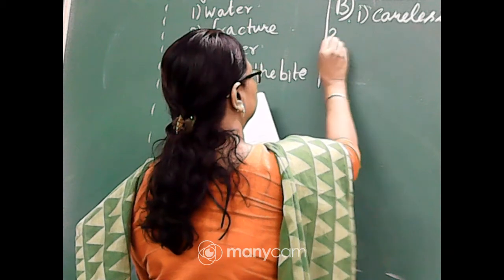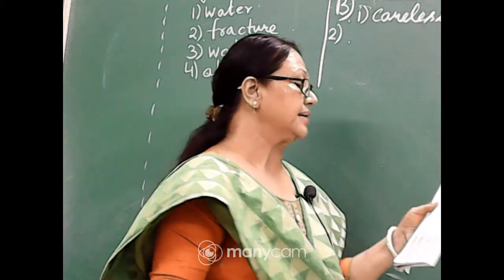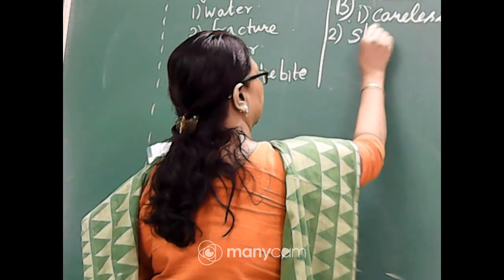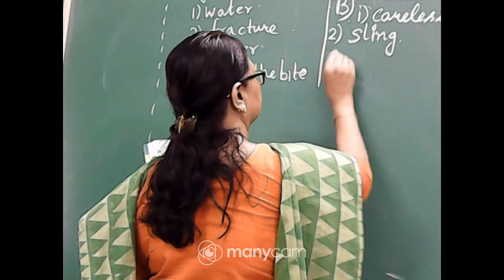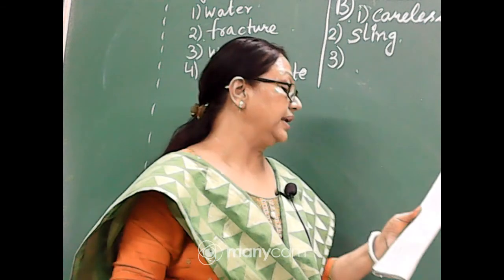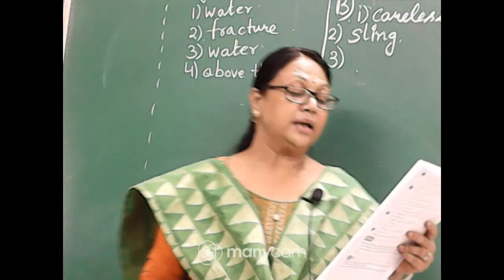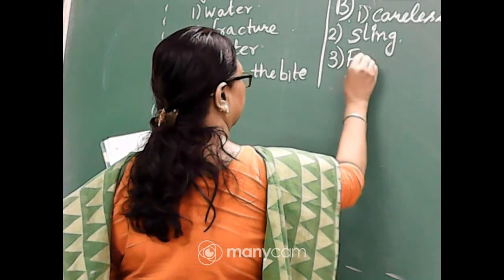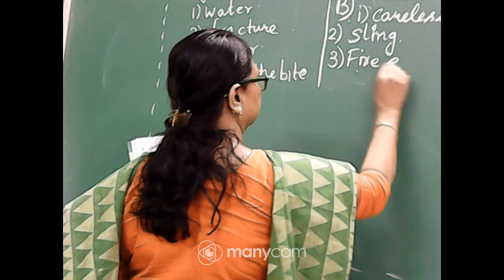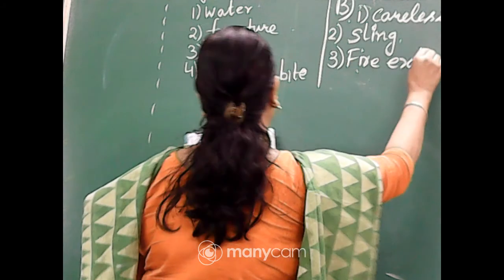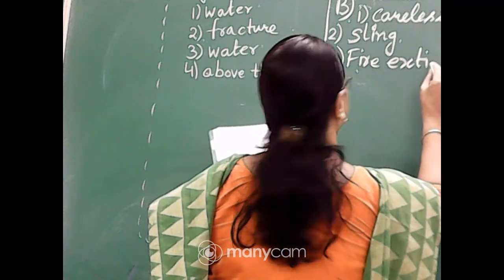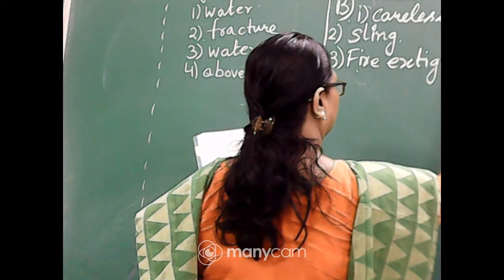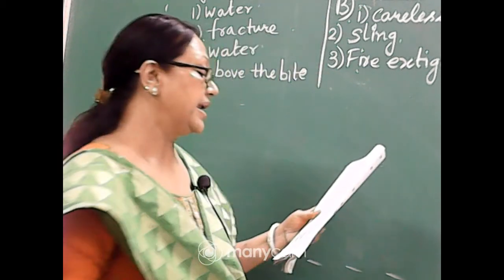Second, use a splint in case of a fracture in the arm. So it is sling. Third one is, fire extinguisher is useful in controlling fire due to a short circuit. So it is fire extinguisher.